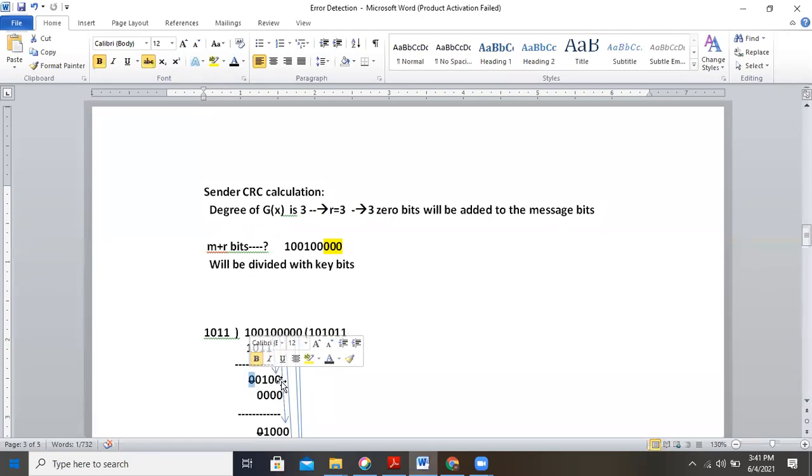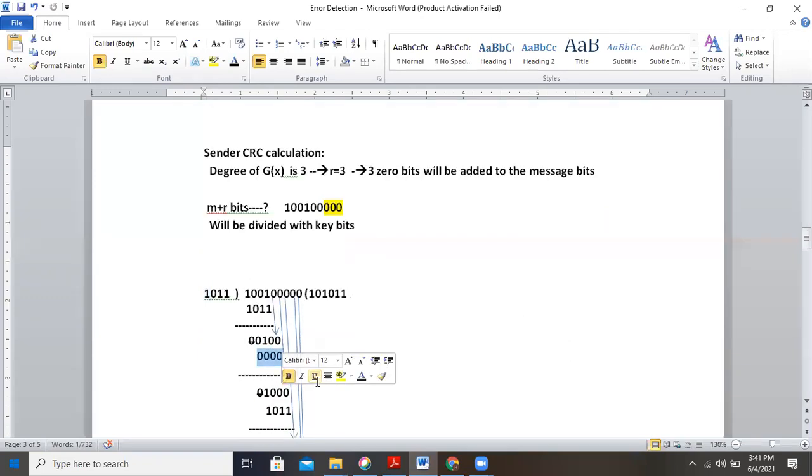So if I am taking 0 1 0 0, the leading bit here is 0. So to make it 0, we are multiplying with 0. Okay. So if I am multiplying 1 0 1 1 with 0, I'll get 0 0 0 0. Then again I perform XOR operation. 0 0 means 0, 1 0 means 1, 0 0 means 0, and 0 0 means 0.